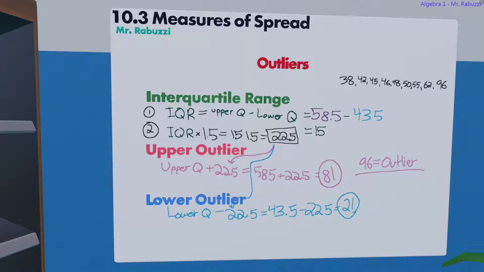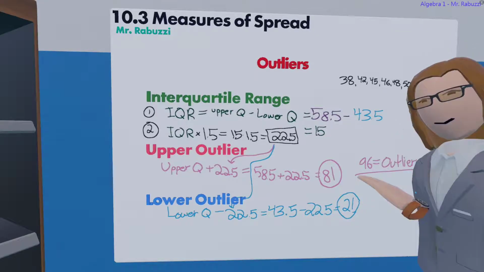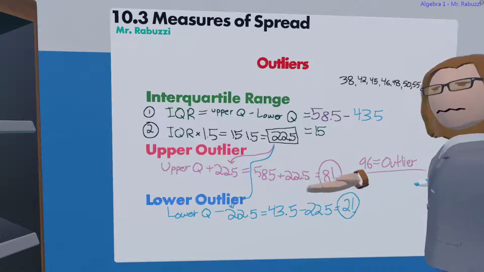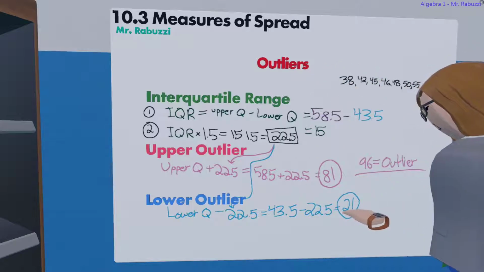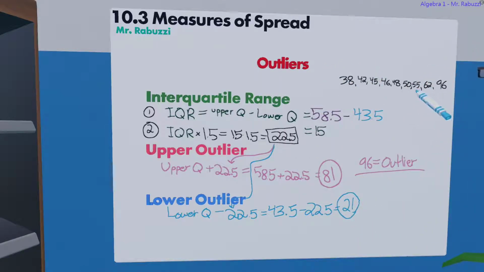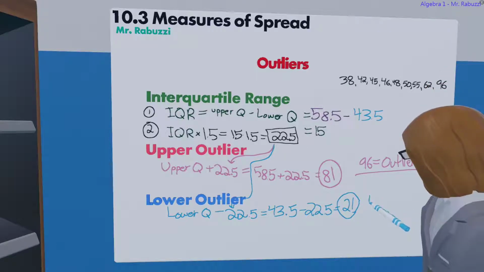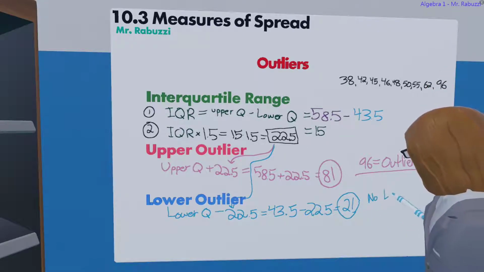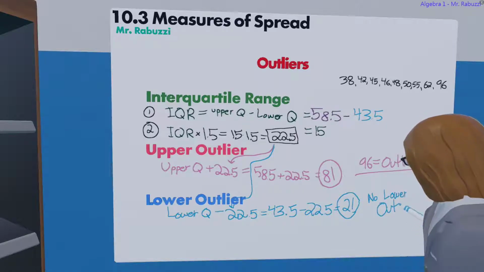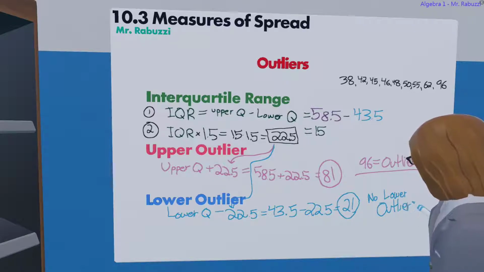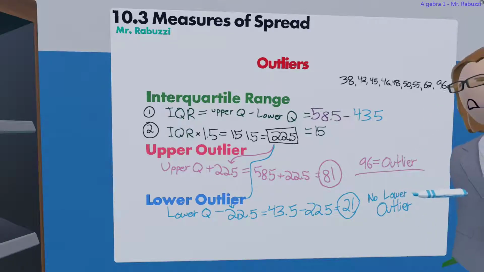So now we go check. Are there any numbers smaller than 21? For the lower outlier, we want to look smaller. For the upper outlier, we want to look bigger. Check our data. No, 38 is our smallest number, and that's bigger than 21. So there is no lower outlier. So this data only has one outlier, 96, and it's an upper outlier.